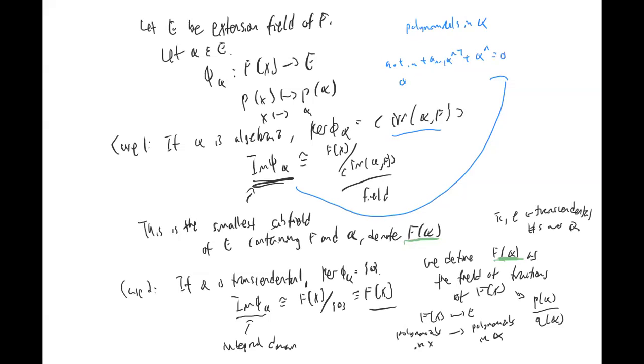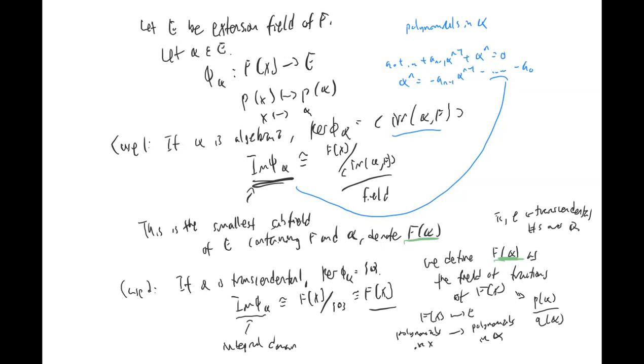So in particular, alpha to the n is negative a_{n-1} alpha to the n minus 1, minus dot dot dot, minus a naught. So alpha to the n can be rewritten as linear combinations of lower powers of alpha. Now you see that all polynomials in alpha are of degree n minus 1 or lower.